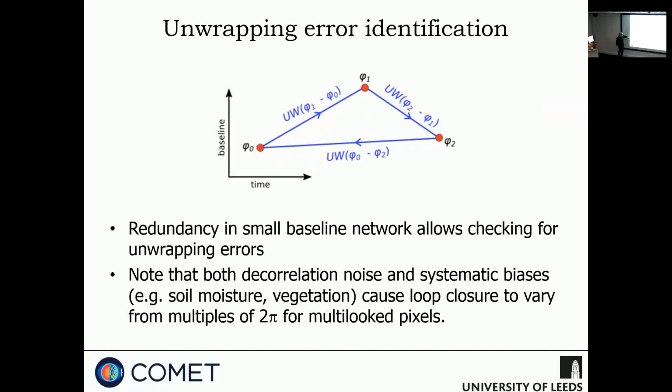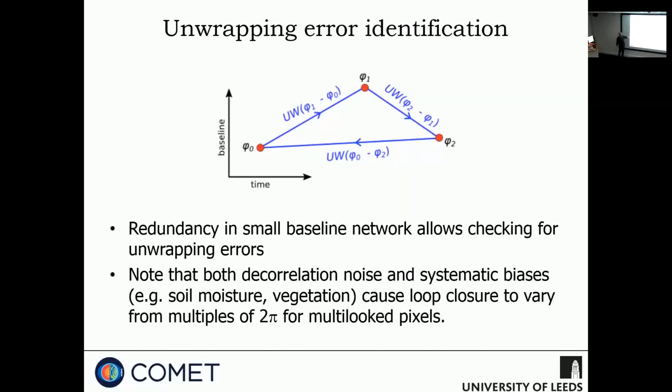It has to be said though, you're taking multiple pixels, so you'll never get zero back. That's because of contributions from noise, adding up in different ways as you combine multiple interferograms, but you can also get some systematic biases. I won't talk in any detail about that, but it's something to flag up.